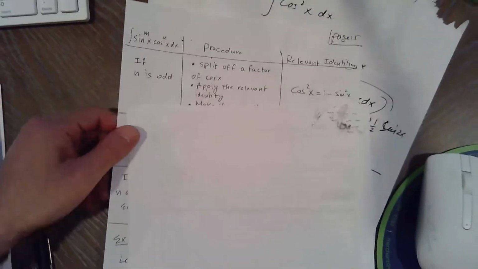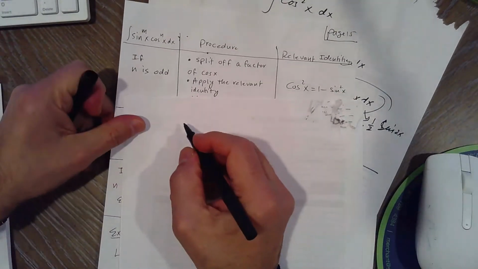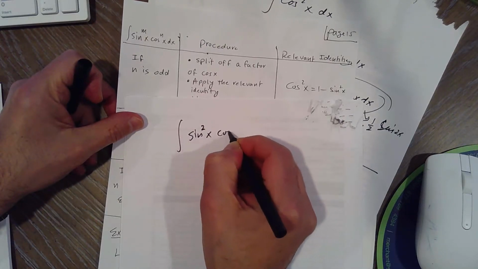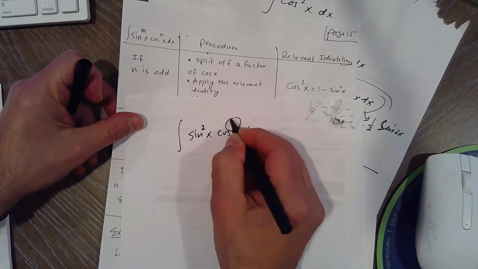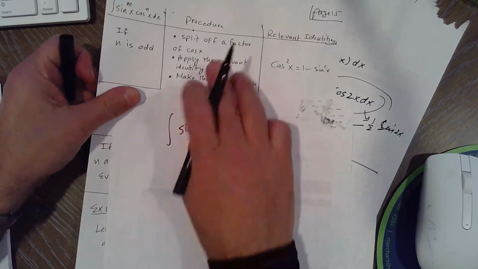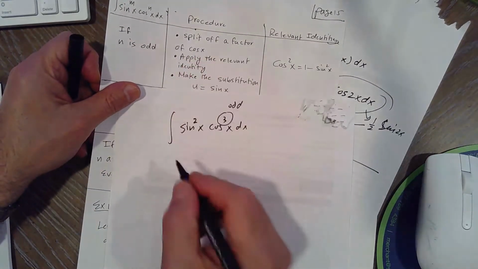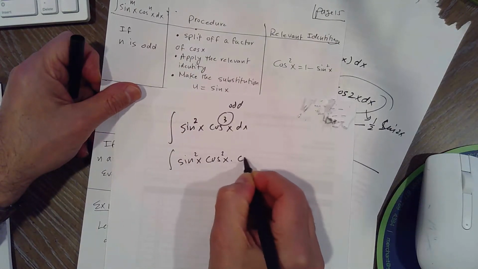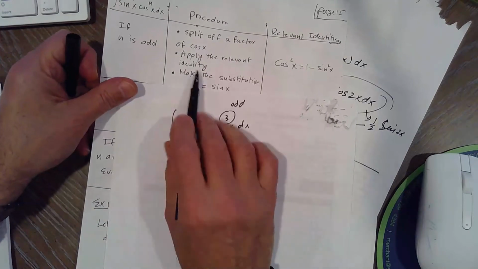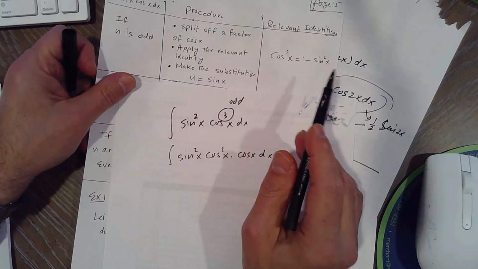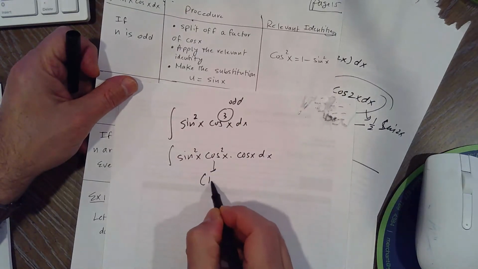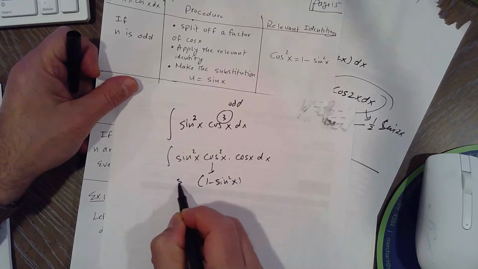So if n is odd, say you're doing something like the integral of sine square x cosine cube x dx, that's odd. Split off a factor of cosine x, so you're going to write this as sine square x cosine square x times cosine x dx. Apply the relevant identity: you change cosine square into 1 minus sine square.